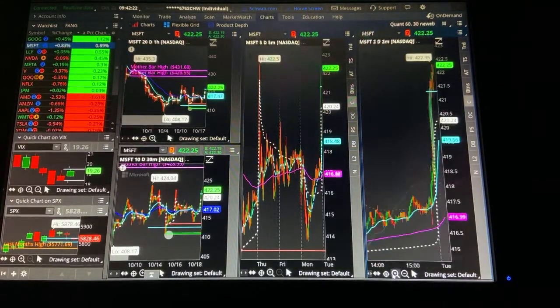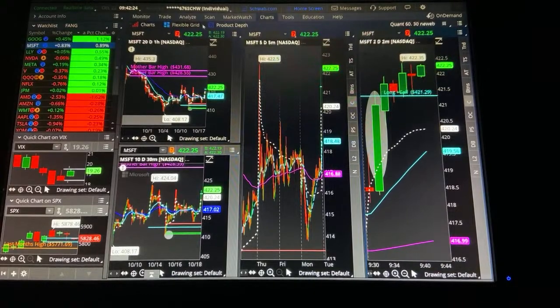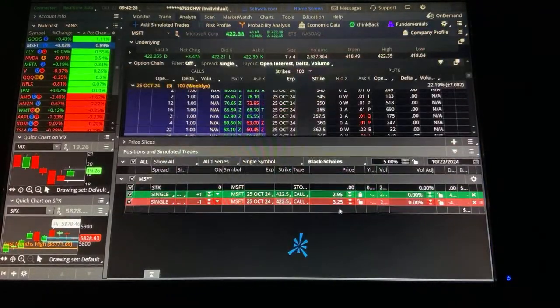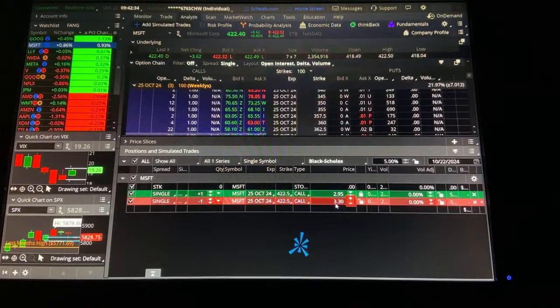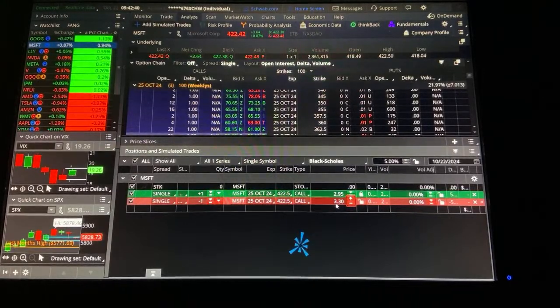All right, this is my chance here to take some profit on Microsoft. All right, TP some Microsoft here. Nice little pop on the options here.